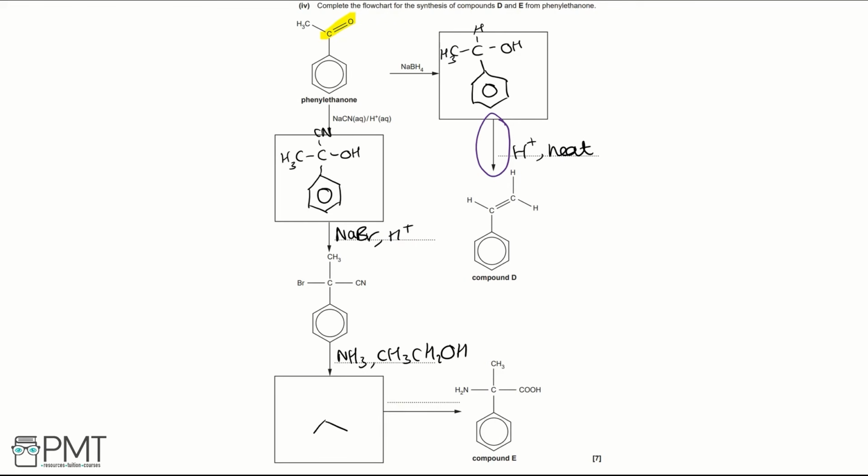So drawing this, we would have our benzene ring attached to our carbon with our CH3 group, our CN group, and our NH2 group.